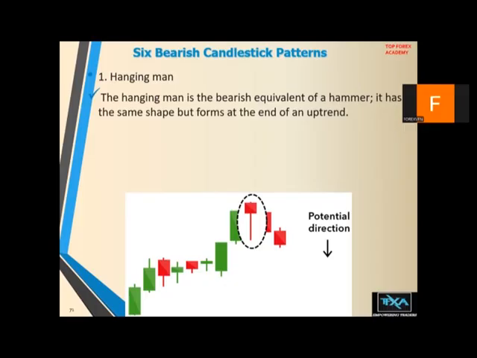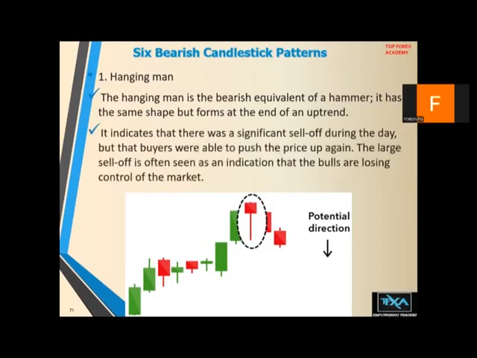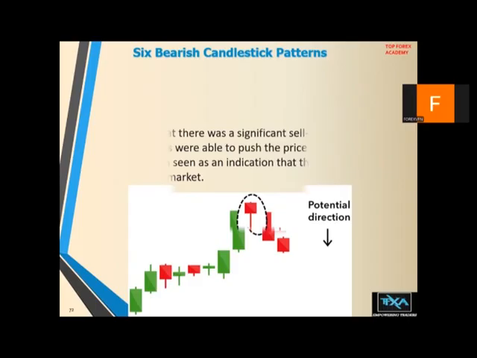Just like I said, it has the same shape, but forms at the end of an uptrend. It indicates that there was a significant sell-off during the day, but that buyers were able to push the price up. The large sell-off is often seen as an indication that the bulls are losing control of the market.